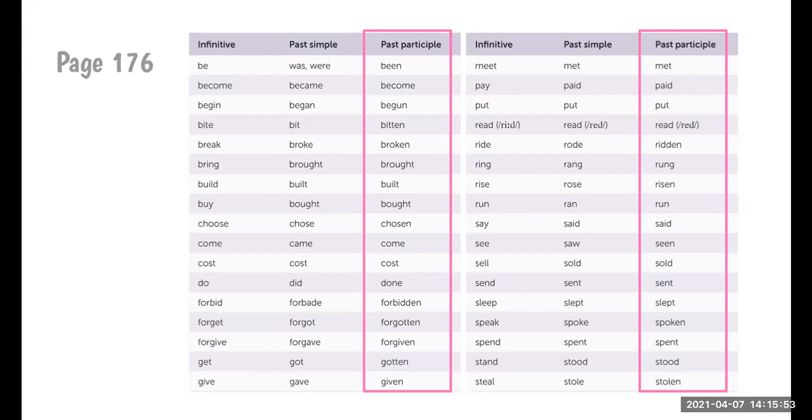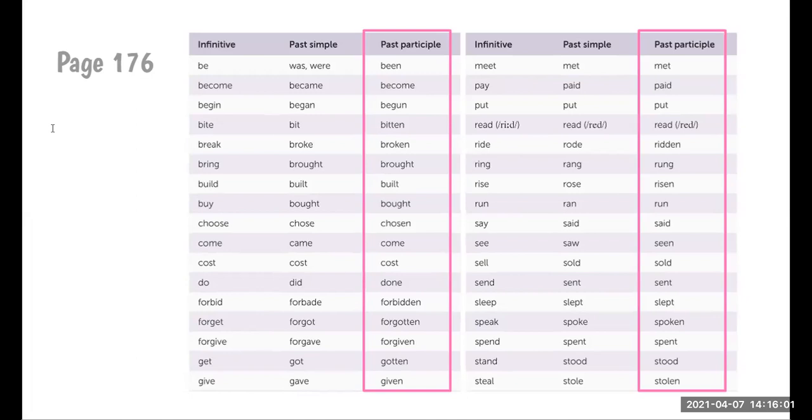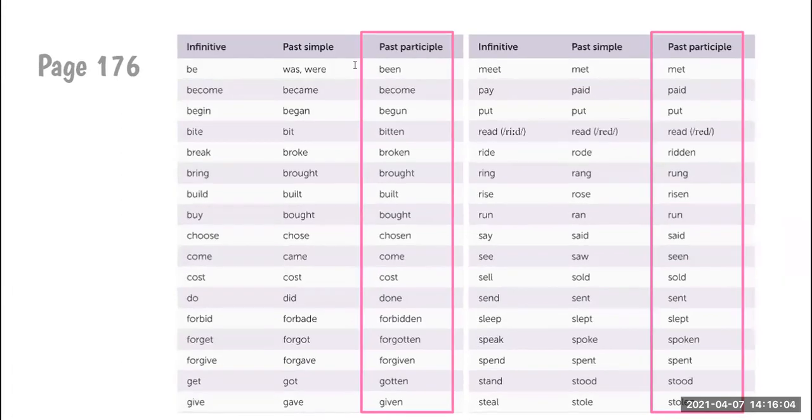¿Ok? Pero estos son solo verbos irregulares. También tenemos verbos regulares, como por ejemplo, let's see, work. ¿Ok? Work in the infinitive form is work. In the past form is worked.